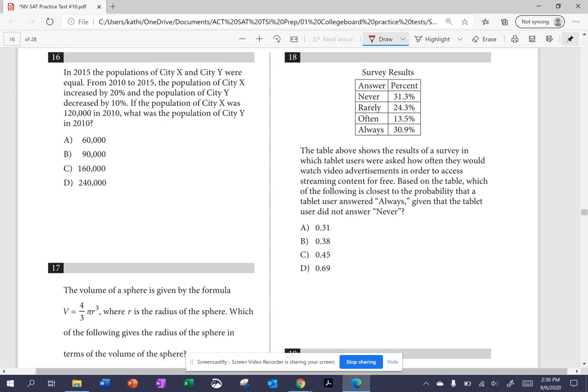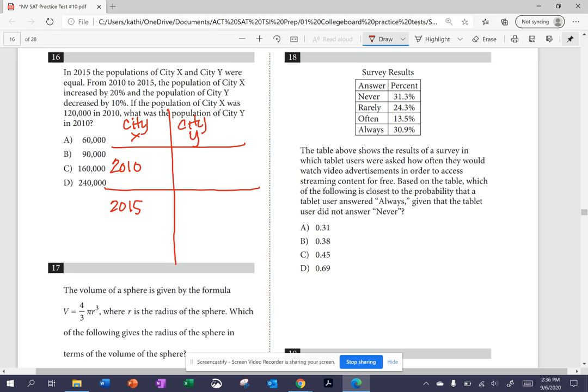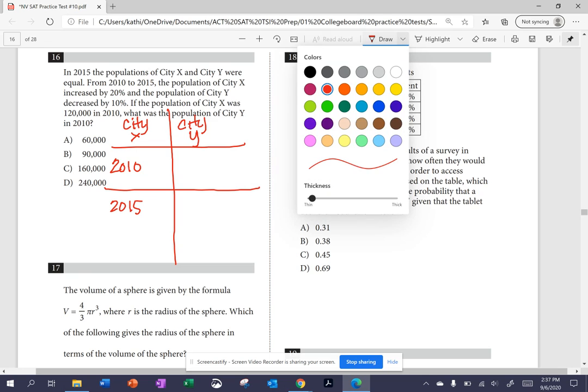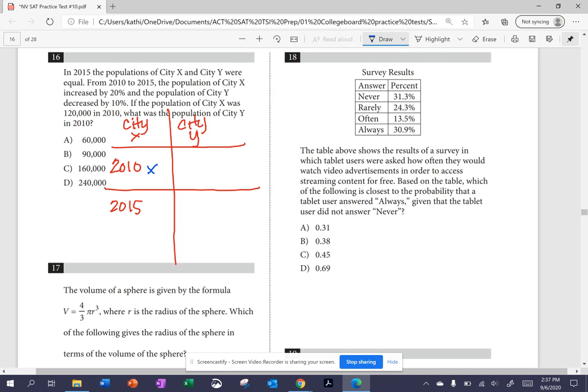So I made a chart here and I called this city X and city Y. And I wanted to know what was going on in 2010 and 2015. So I called city X's population X and city Y's population Y. Okay, in city X, it says the population increased by 20%.